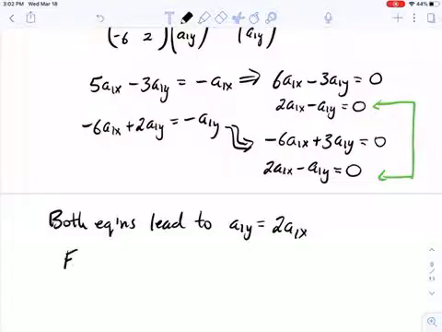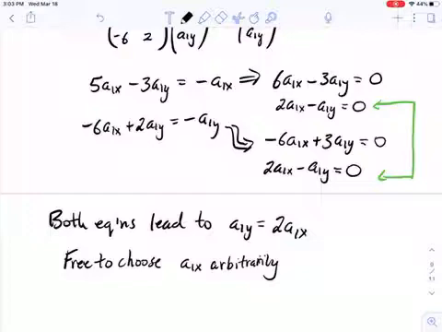So we're free to choose A1x arbitrarily, for example. Arbitrarily. So let's just say we set A1x equal to some c.